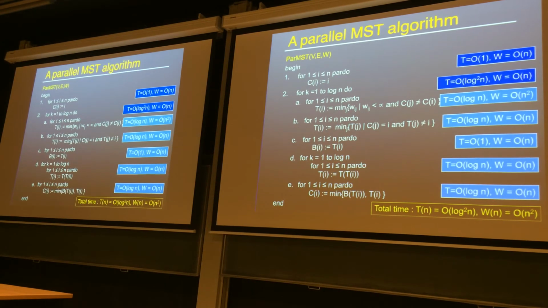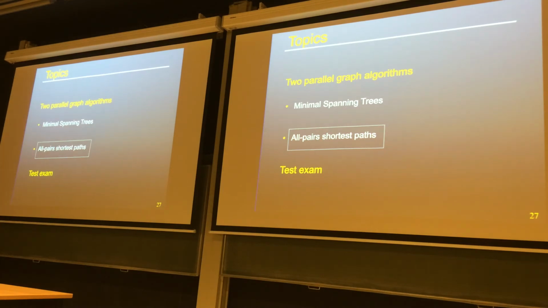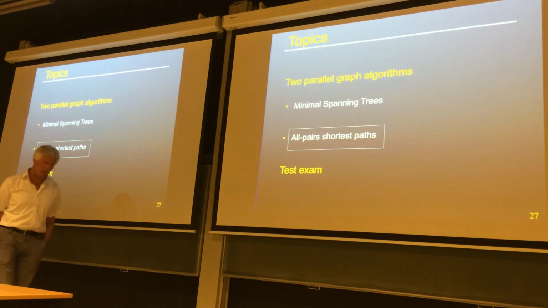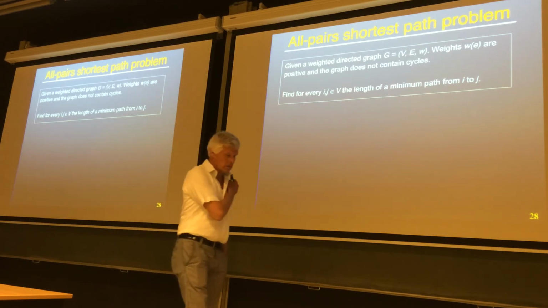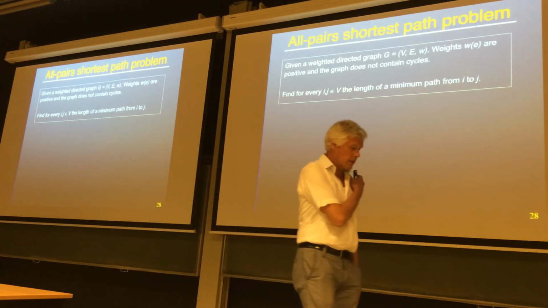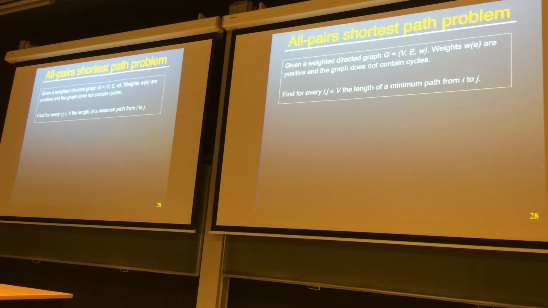Okay, so this is the parallel graph algorithm, and now I would like to deal, in the second part, with the all pairs shortest path problem, because that's also a quite important and fundamental algorithm that in a basic algorithm course already has been discussed.